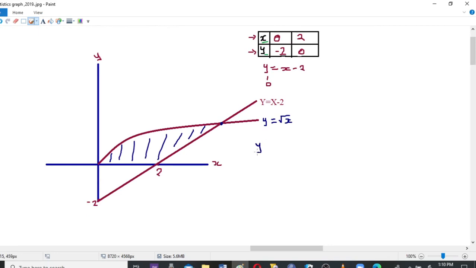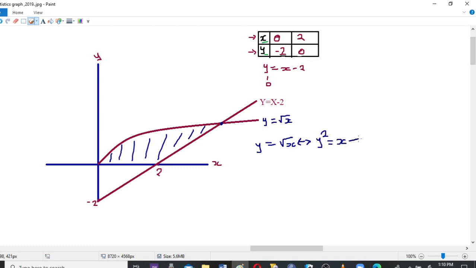All right, so we have two equations. Remember we have y is equal to the square root of x. We know that this equation, y is equal to the square root of x, can also be written as y squared is equal to x, isn't it?